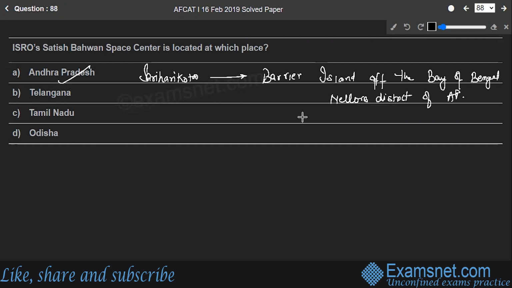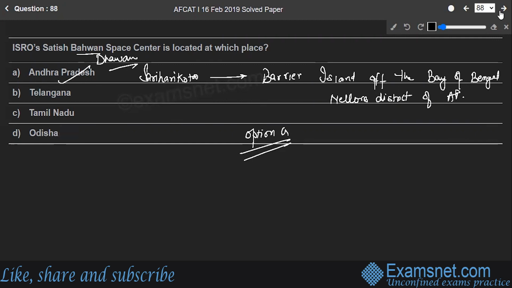It houses the Satish Dhawan Space Center, one of the satellite launch centers in India. We have option A as the answer to this question.